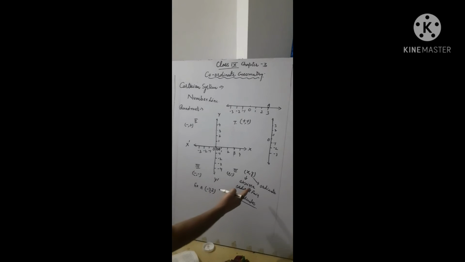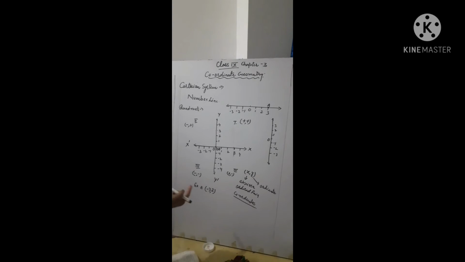So we can see that the abscissa of this point is -3. It means this is the OX dash axis, and the ordinate is 2, means positive, so OY axis. It means the first term is negative and the second term is positive, so this point will lie in the second quadrant. And how will we plot the point A -3, 2?